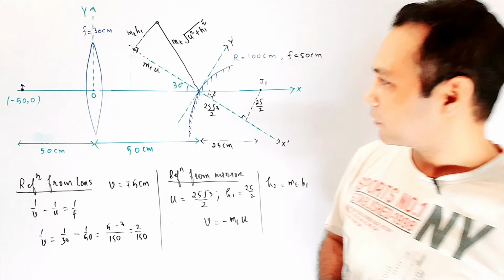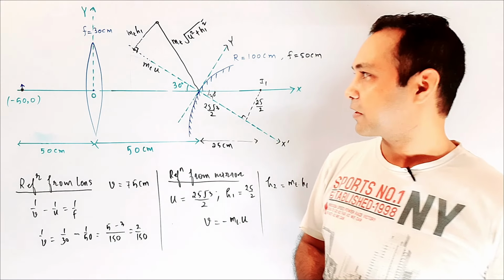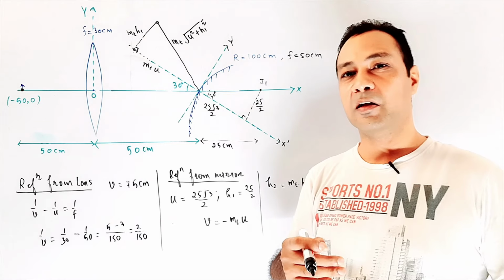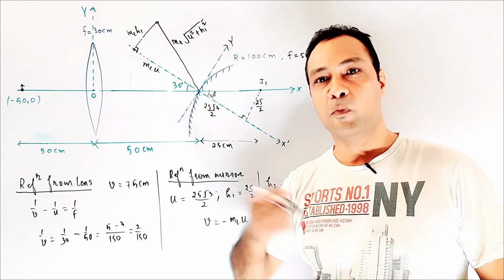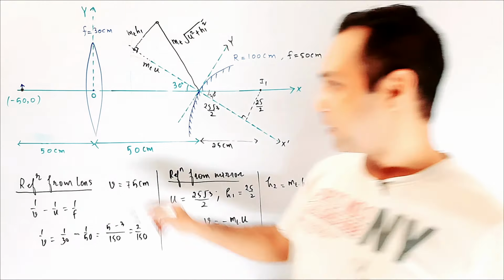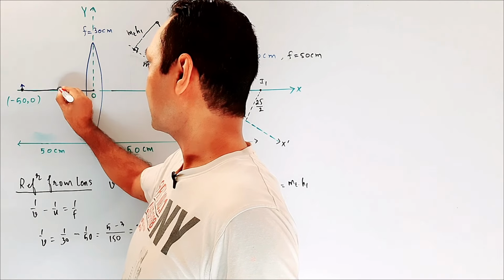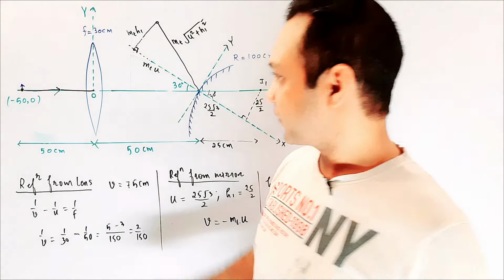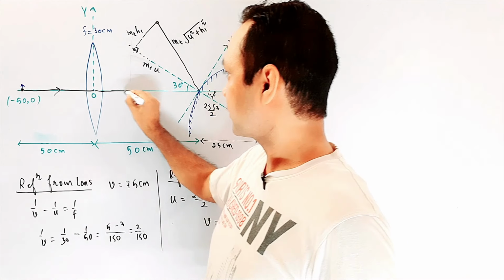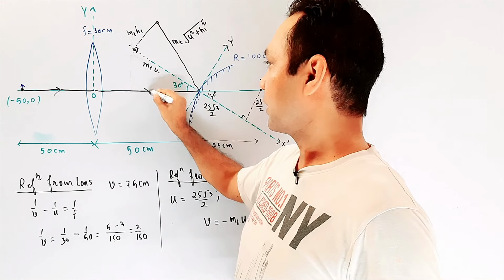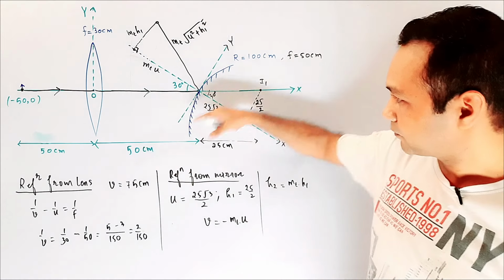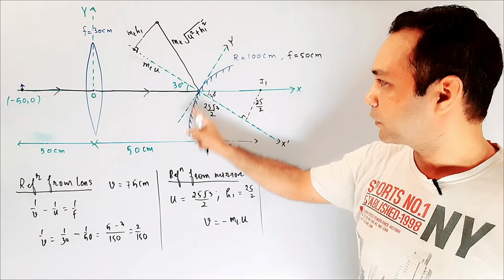So if all the reflected rays meet at the same point, I can take one ray, and all other rays would be meeting at that point only. So I am taking that one ray which is passing through the optical center. After refraction, it will go undeviated, and now it is falling on the mirror at the pole.